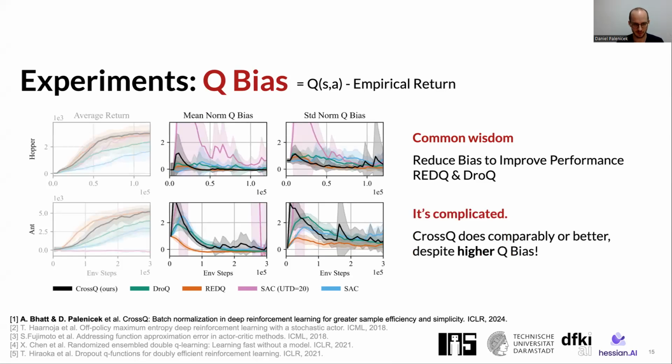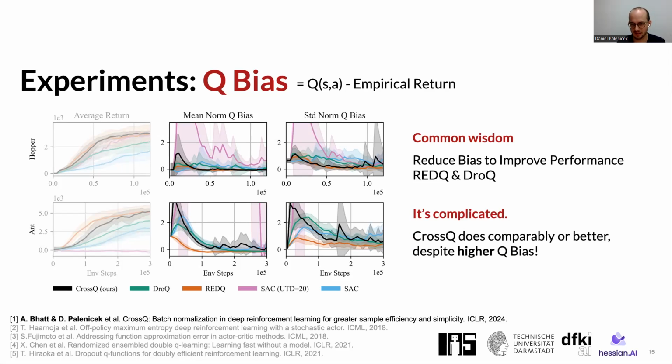And we've done those experiments. We've put CrossQ in there because we thought, well, maybe CrossQ implicitly also reduces the Q function bias. But in reality, as you can see in those plots, it's a little bit more complicated. On the left-hand side, we've just randomly picked 2 environments, and we have all of the other ones in the appendix as well.